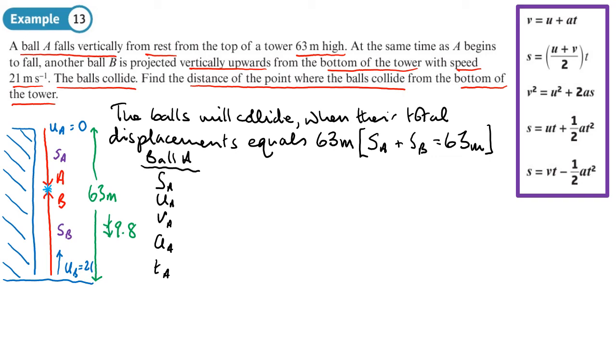Now since the ball is going downwards, I will take downwards as positive, and let's fill these in. So SA, well, S is what I want to write an equation for. U is 0, V I don't care about. A, well, since I'm taking downwards as positive, that will be positive 9.8.